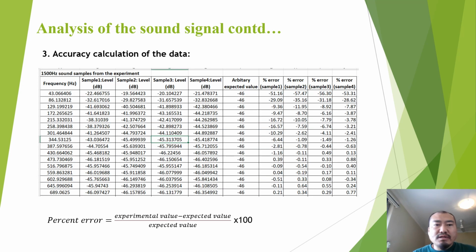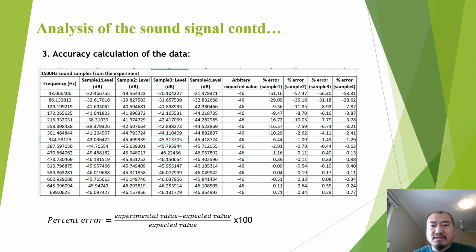So we have also calculated the accuracy in the data, and the accuracy can be known through the calculation of percentage error, which is basically experimental value minus expected value divided by expected value into 100. So here we have taken 4 samples, and for those samples the sound intensity is compared, or percentage error is calculated based on an expected value, which is kept as arbitrary here as negative 46 dB.